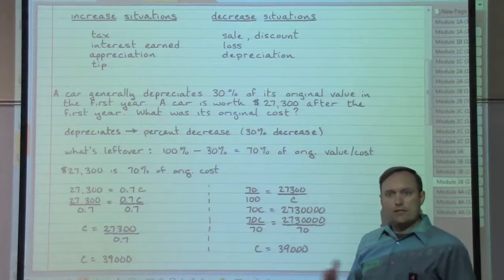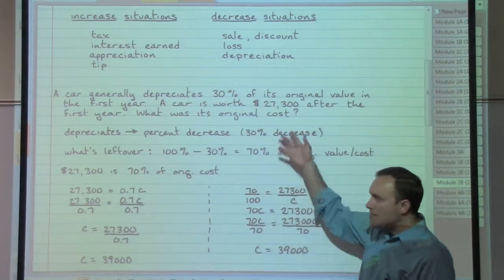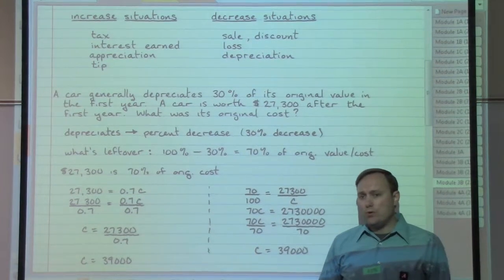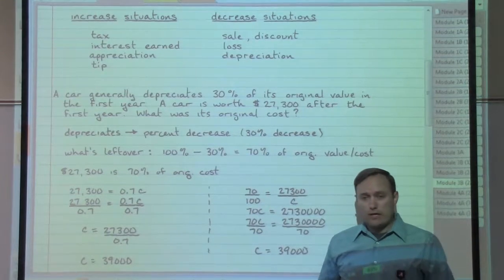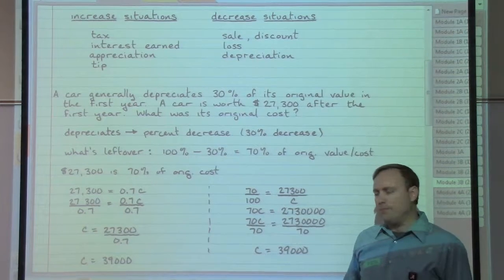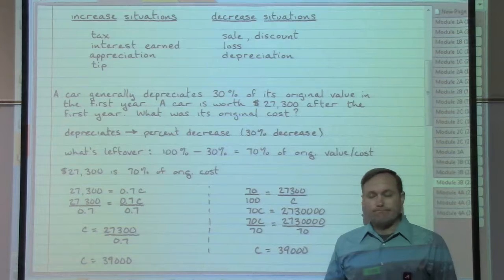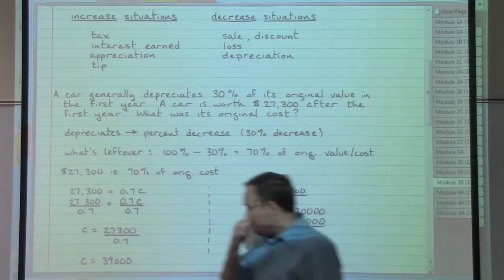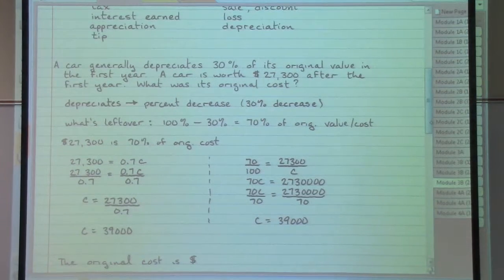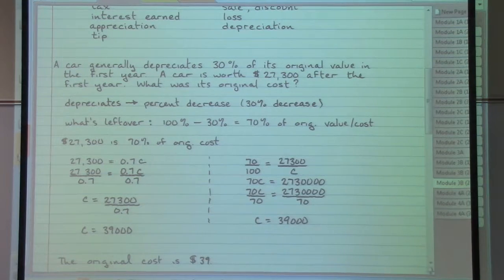So I can get at least in the right ballpark if I'm thinking about my answer and saying, does it seem to match the facts that are presented in the problem? So always a good idea when you're working through problems, whether they're ratio problems or percent problems, anything at all that's a word problem, ask yourself, does my answer at least seem to be in the right ballpark? And this one does. So specifically, to have our final answer very clearly presented, we would say that the original cost is $39,000.